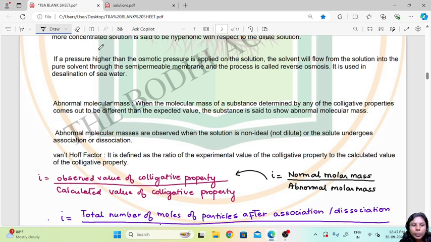Now if a pressure higher than the osmotic pressure is applied on the solution, the solvent will flow from the solution into the pure solvent through the semi-permeable membrane, and this process is called reverse osmosis.